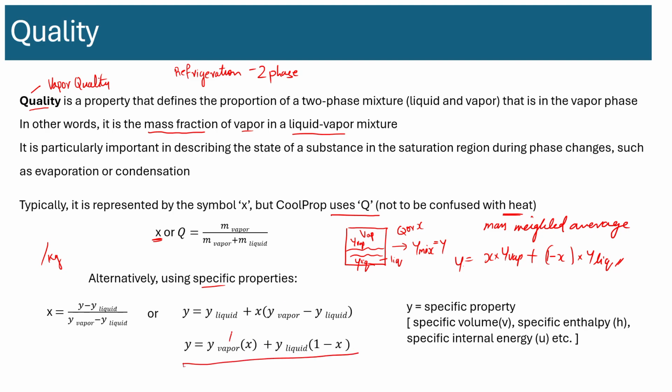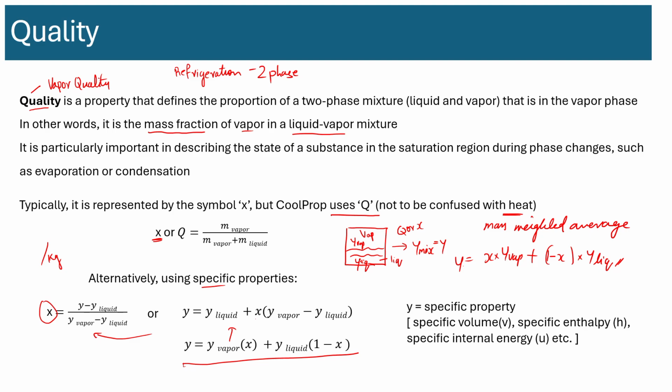And using this equation, you can derive this, and using this, you can derive this. So X can be determined based on the other three properties, the mixture's property versus that of the individual phases. Okay. All right.